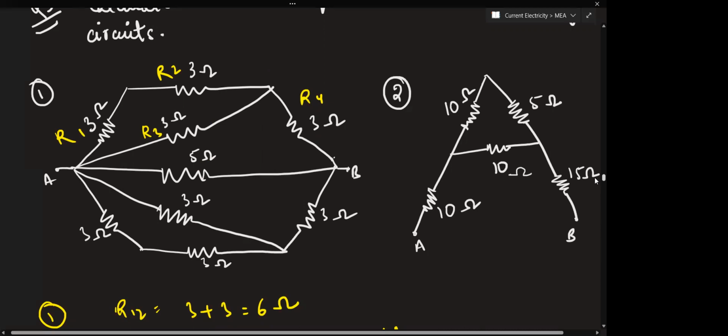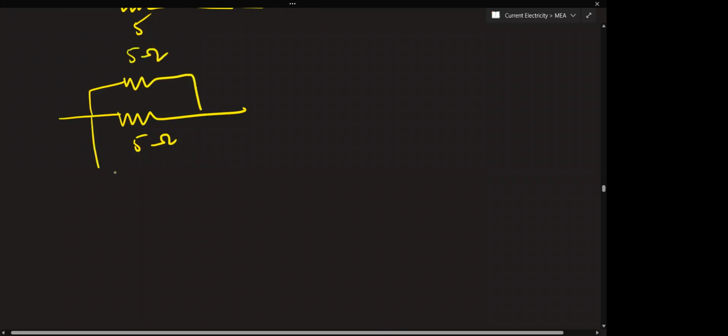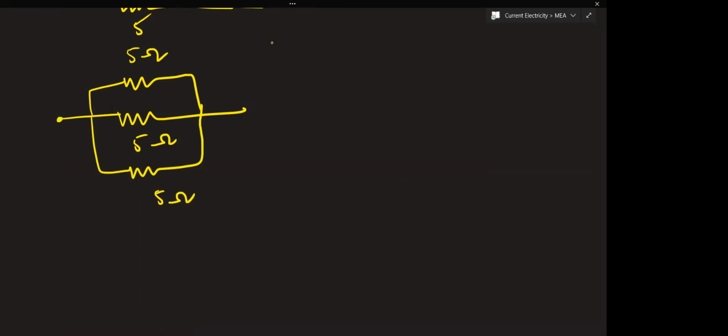What did I tell you? Whenever you have identical parallel connections, just divide by the number that is there. So this is 5 ohm, this is also 5 ohm, and this one is also 5. Not 3 by 5, 5 by 3.